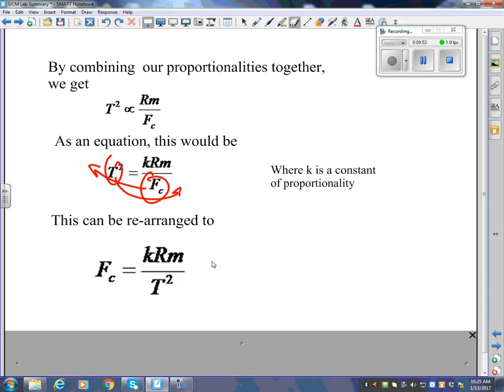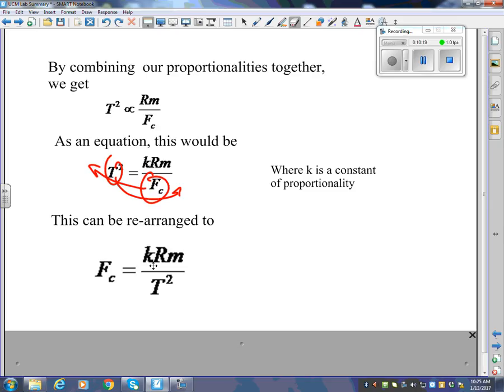So now, what do you think our goal is? Like, what's the next step? What do we want to find here now? This formula is no good unless what? Unless I know the value K, right? It's not going to be any good to us. So we've got to work toward finding a value K, and you're not going to like this derivation. This is by far and away the craziest derivation you're going to see.